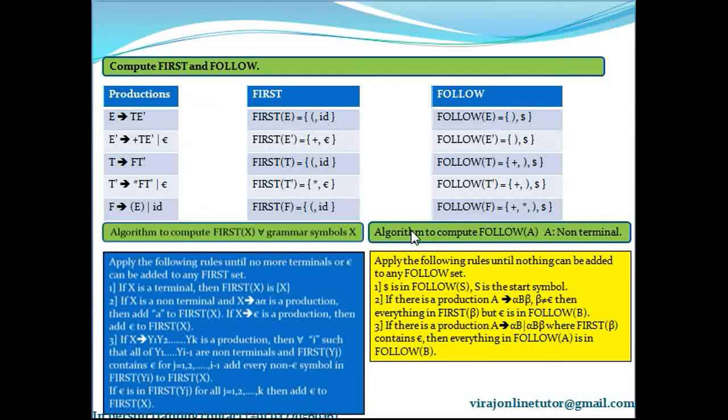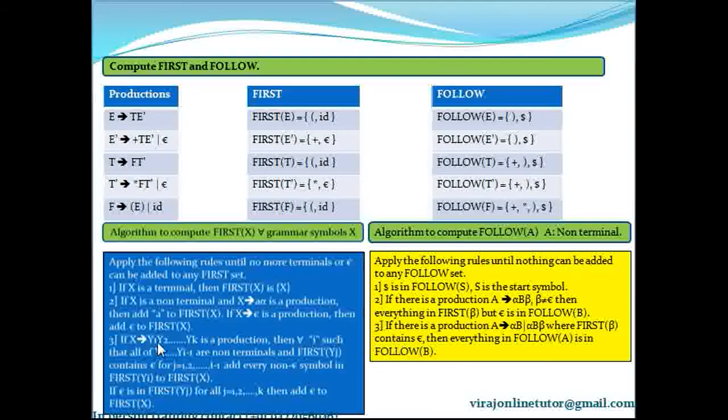And if you have a production of this format, a non-terminal giving a set of non-terminals or a string on the right hand side, what you do is compute first of y1 and put it into first of x. If first of y1 contains epsilon, then you compute first of y2 and put the contents of first of y2 into first of x.